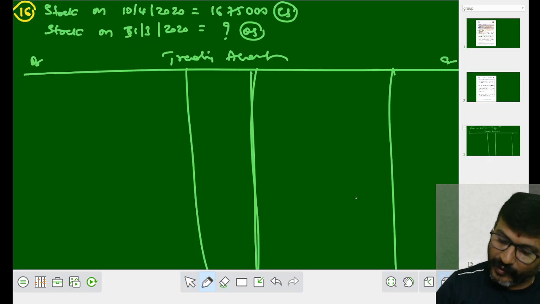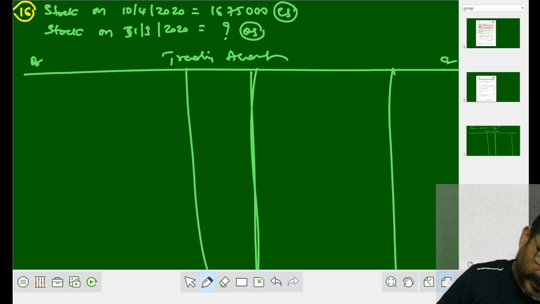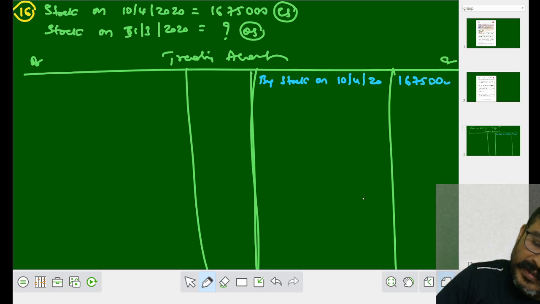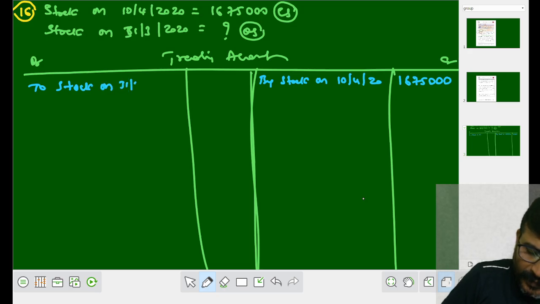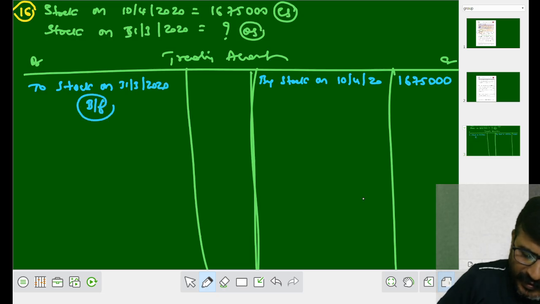Before that we have to write stock on 10th April 2020, it is a closing stock, 16,75,000. Here we have to write stock on 31st March 2020 as a balancing figure.